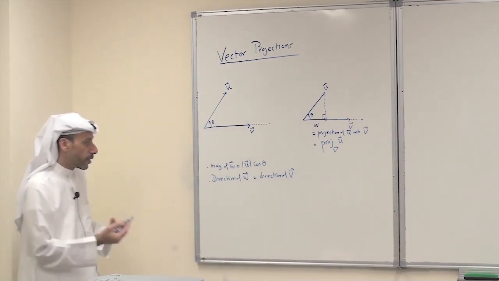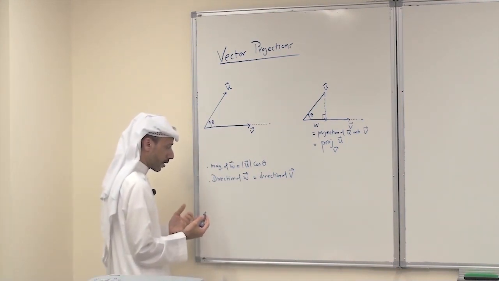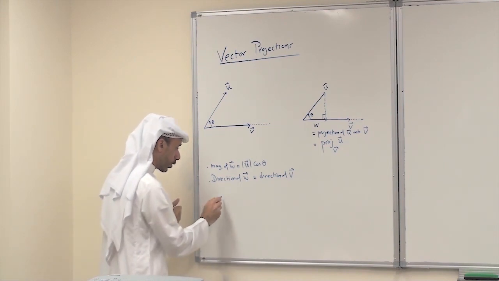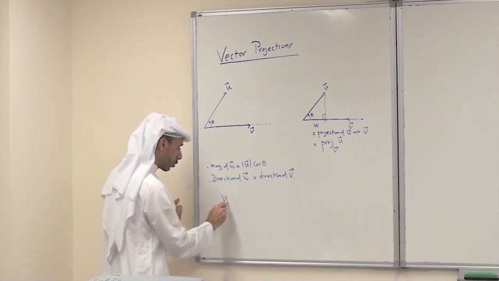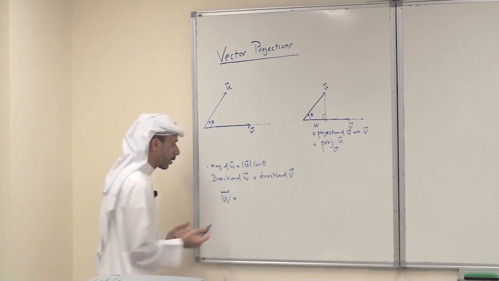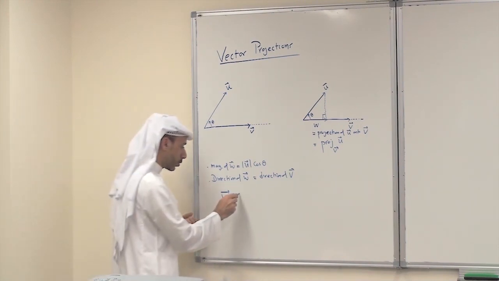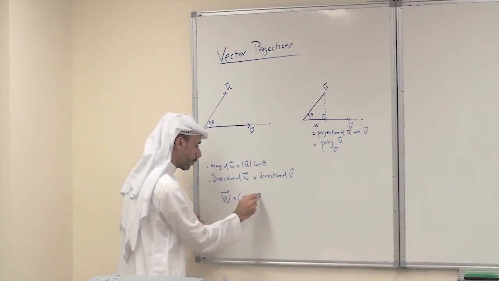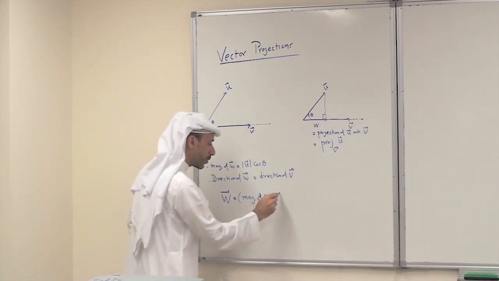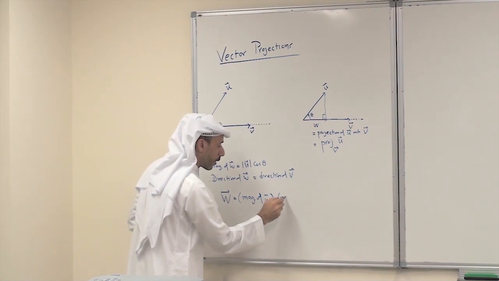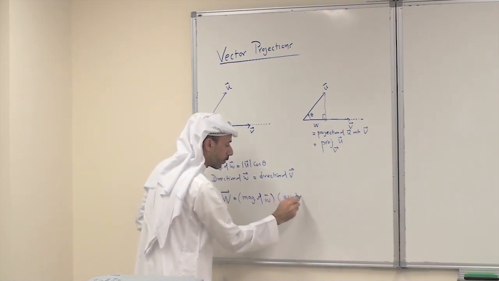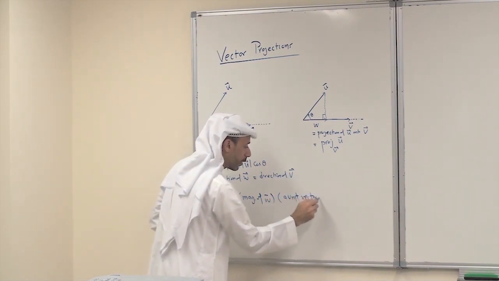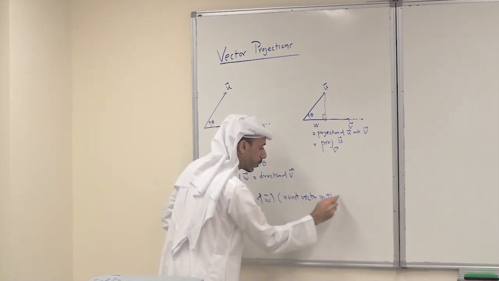Now, from previous work, we have that the vector w equals its magnitude times a unit vector in the direction of w.